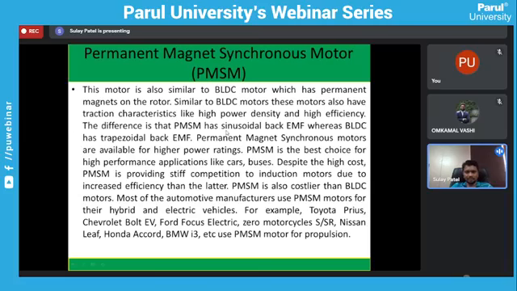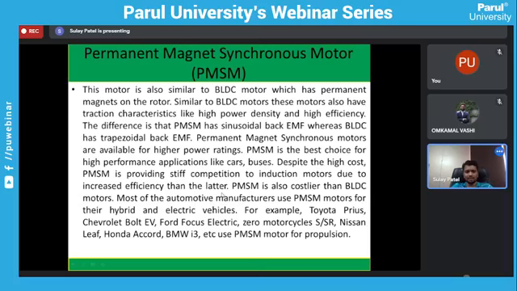But in the case of PMSM, the control of this sinusoidal back EMF is very complex, and that is why it is costlier. That is why PMSM is the best choice for high performance applications like cars and buses. Despite the high cost, PMSM is providing stiff competition to the induction motor due to its increased efficiency.